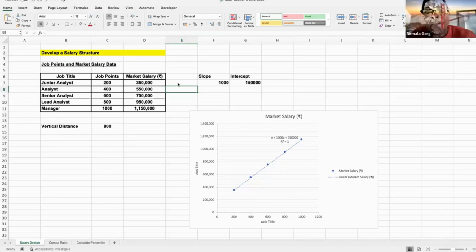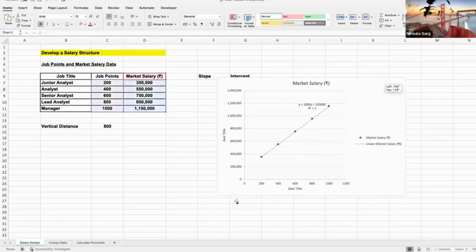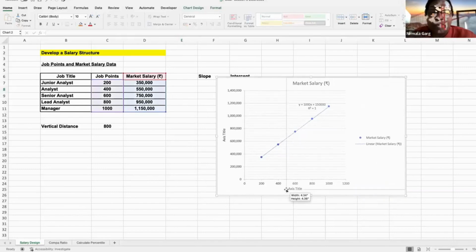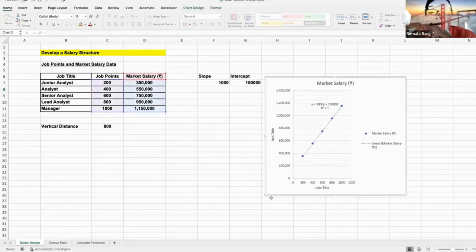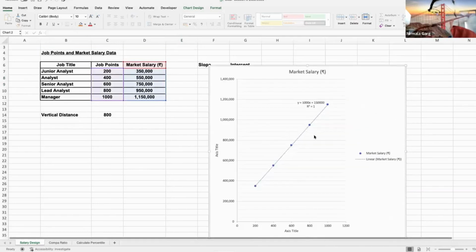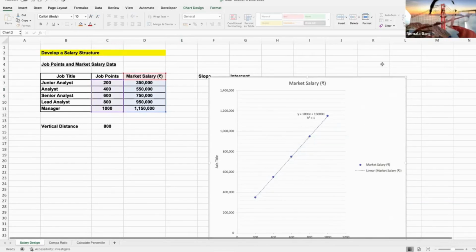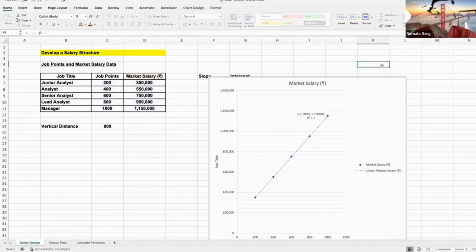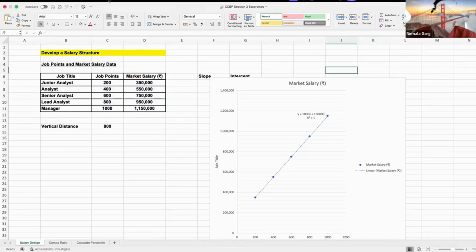So now you know how to calculate the pay line, and then you will create the grades. You will get homework on all these parameters, and you will be able to do it. If you still have any doubts or challenges, feel free to text messages to Vilma or me, and we are always there to help you out for clarity.